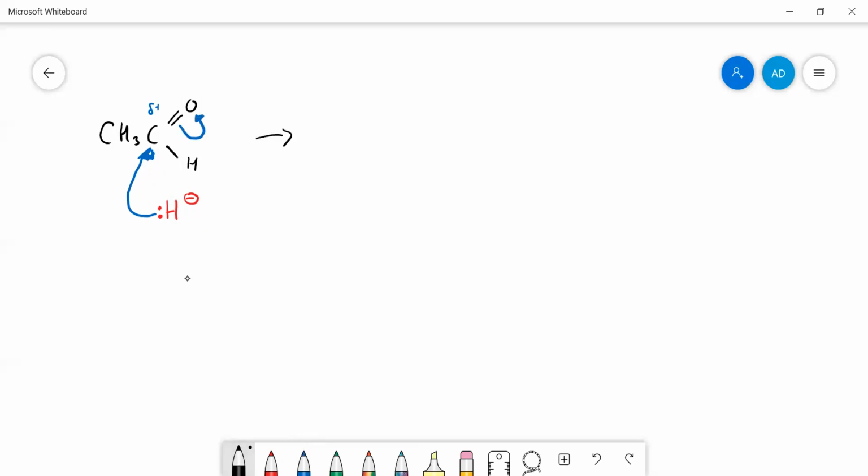So nothing's happened to the methyl group. We've got our red hydrogen attached. This is the original hydrogen that was there already.